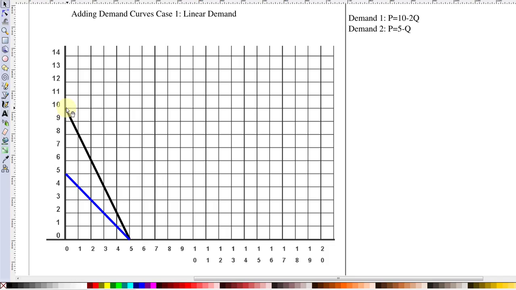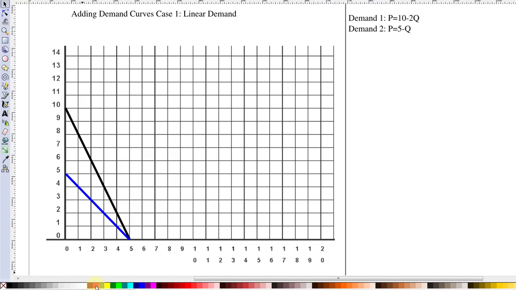So graphically, if you want to see how this adding process is going to work, you've got to remember that we're adding quantities at each price. Let's start down at a price of 0. I'll add some points, and then we can see what the resulting shape is going to look like.